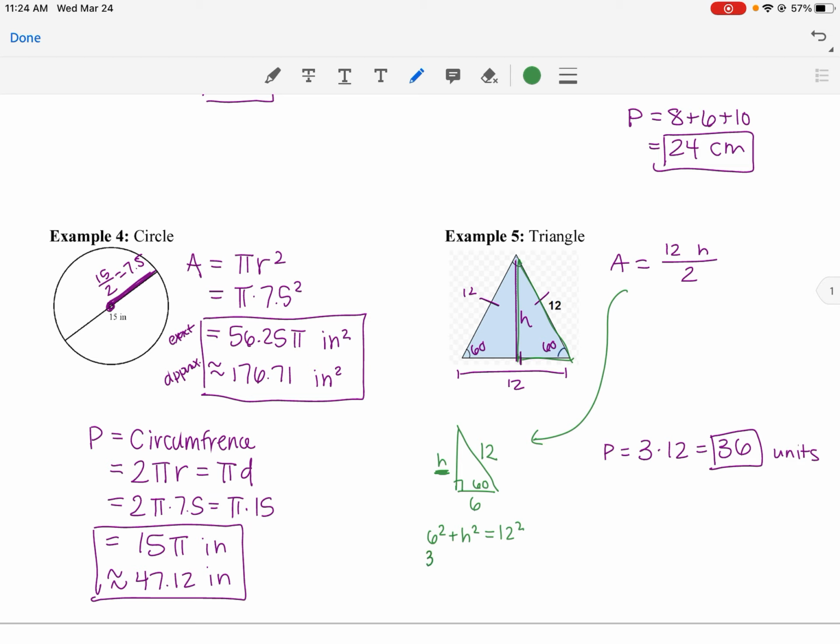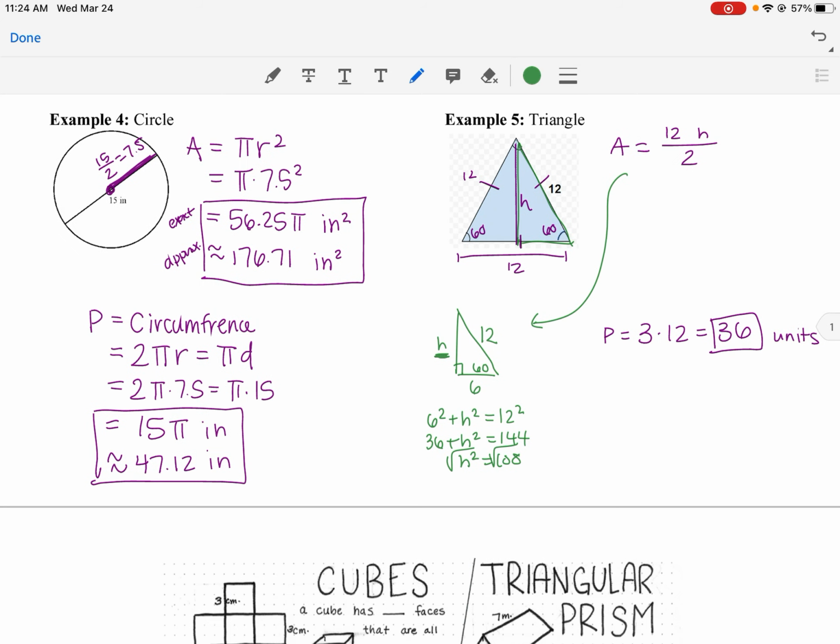So 36 plus h squared equals 144. Subtract the 36, h squared equals 108. Take the square root of both sides, and as you take the square root of 108, you end up with h is 10.39. That's one option, Option 1.